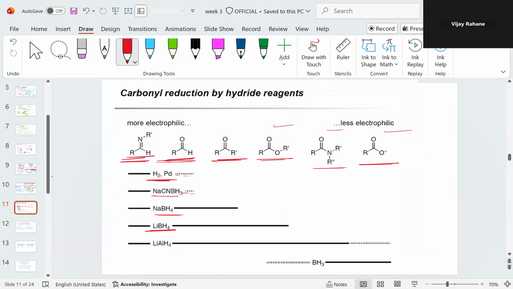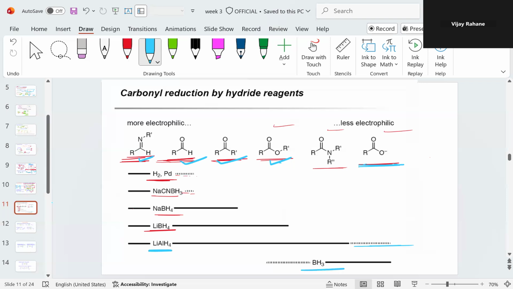Then LiBH4, lithium borohydride, reduces the imines, aldehydes, ketones, and it also reduces the esters. And lithium aluminum hydride, LiAlH4, reduces all except the carboxylate anion. It also shows reduction of the carboxylate anion or the acids as well, but the reactivity is lower, so we get a lower yield in most cases.